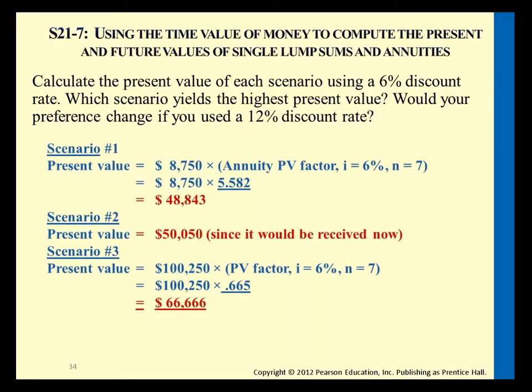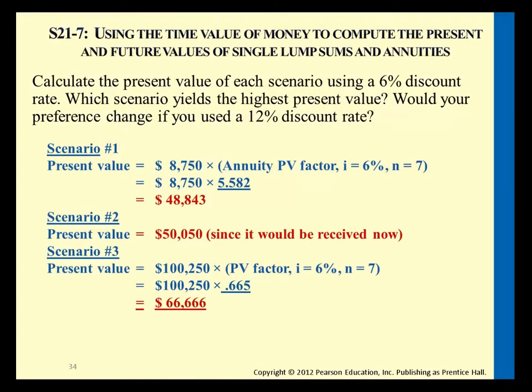So we have 3 scenarios, like we said, right? For the first one, I'm going to use my annuity present value factor, and I'm giving it to you. So he says it's $8,750 per year for 7 years. When I use my table, I find that my annuity factor is 5.582.